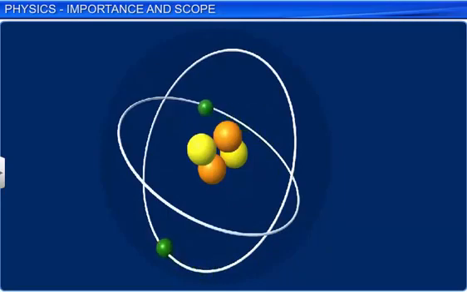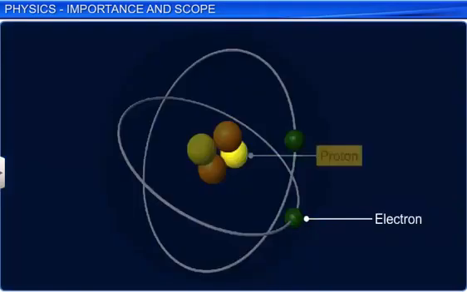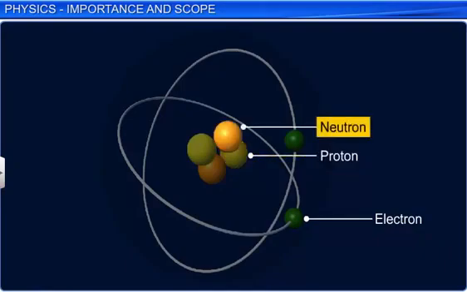An atom consists of 3 subatomic particles, namely electron, proton, and neutron. The force that binds protons and neutrons is the strong nuclear force.